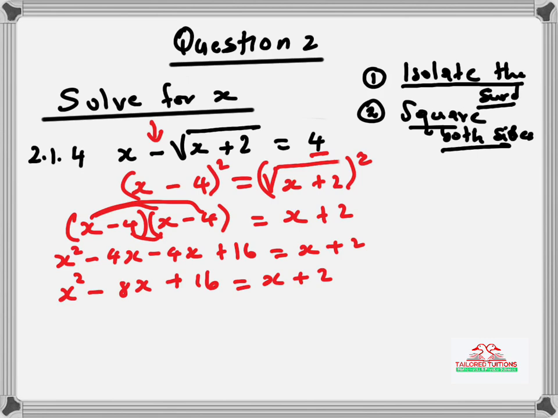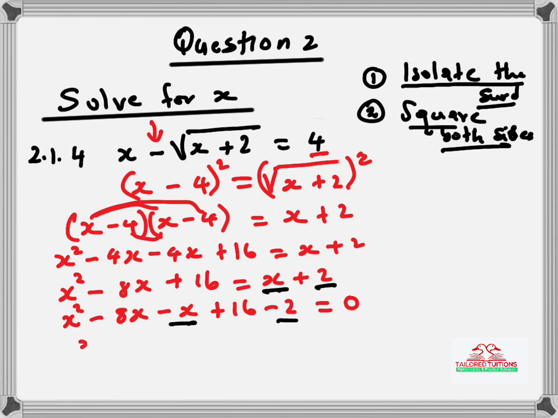Let's just do it step by step. So it's x squared minus 8x minus x plus 16 minus 2 equal to 0. I hope you can see that now I have transposed that x and this positive 2. So now after that, what will be our quadratic equation?